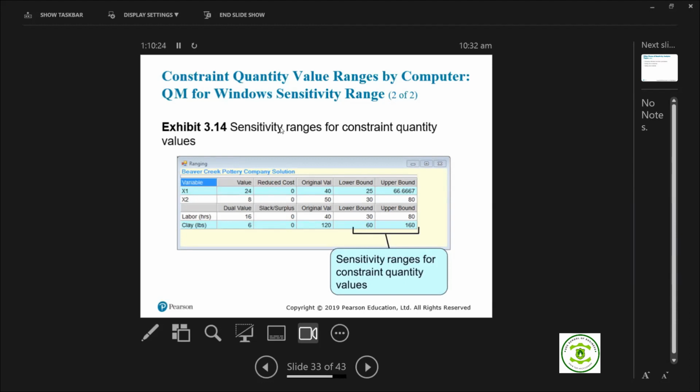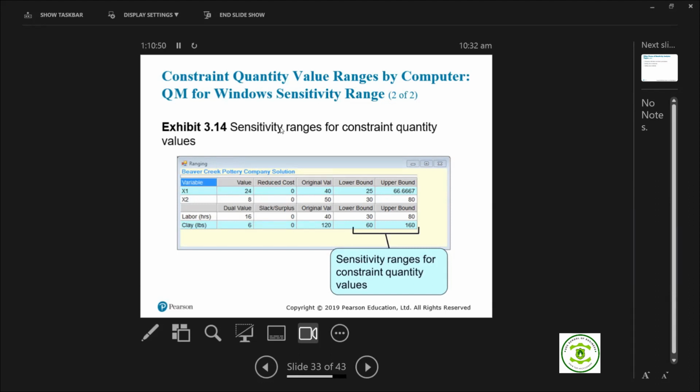That one gives you the lower bound and the upper bound straight away. So if we take this, the lower bound is 25. The upper bound is 66.667, as we found here.